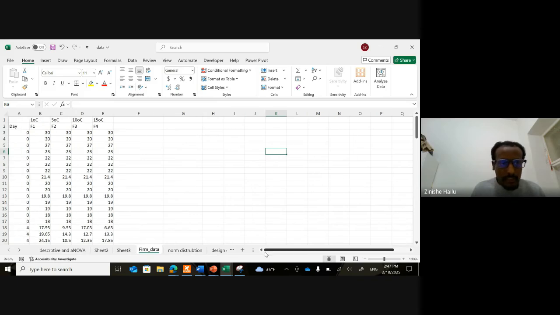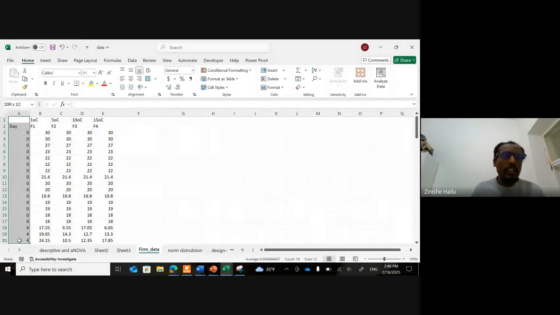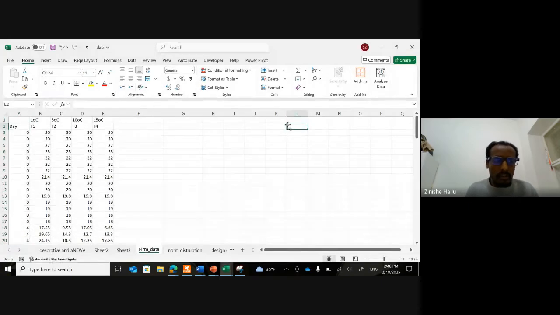So our factor is here, let's say temperature, one way. If we only focus on the time, here we have one way. If we consider both of them, it will be two-way ANOVA. So now I will show you the one way ANOVA.